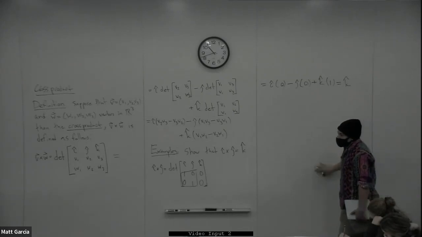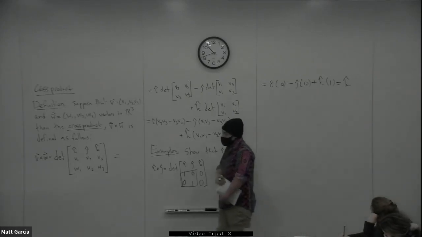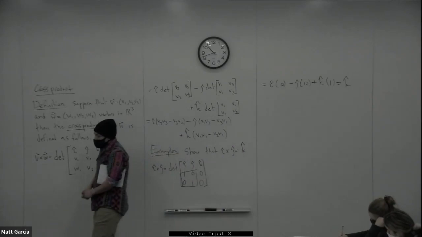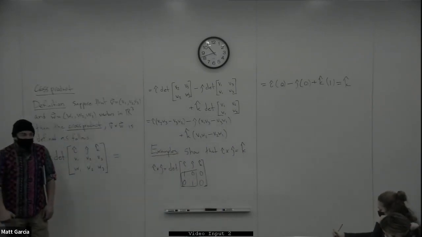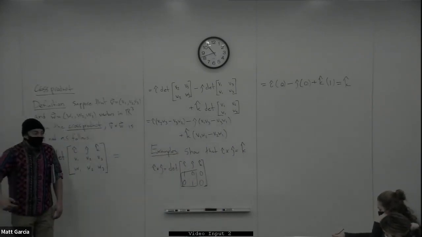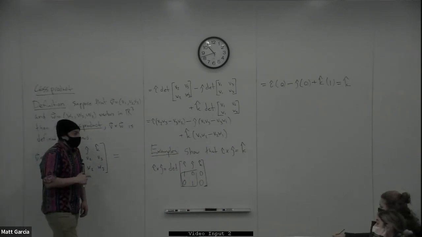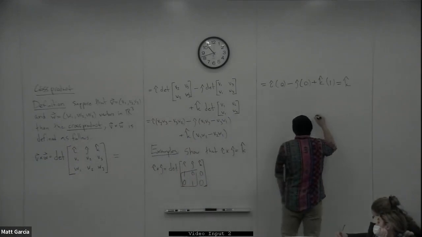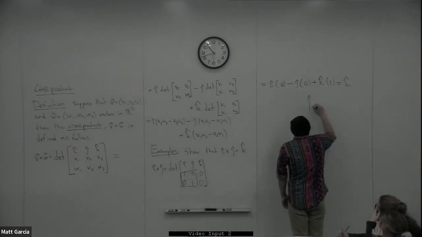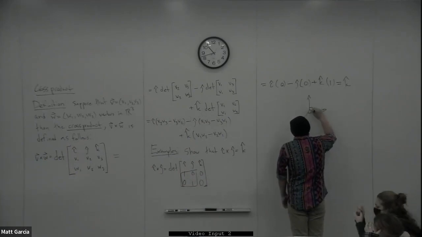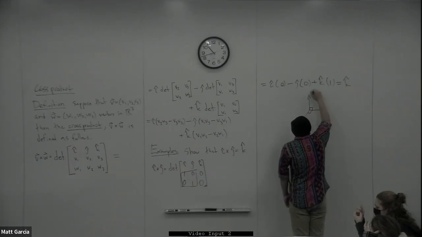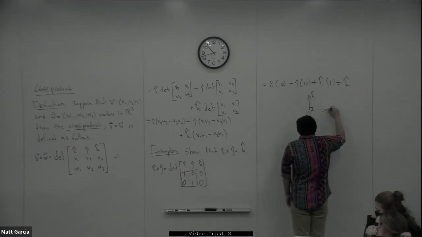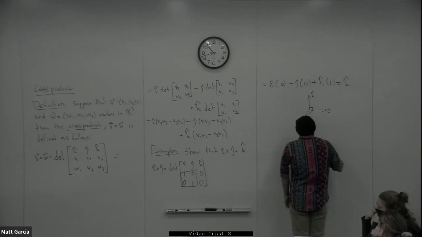Not so hard. Also, this gives some credence to what I was saying yesterday. When you take the cross product of two vectors in R3, you get a vector which is orthogonal to both of them. If i, j, and k are the standard basis vectors, they look like this. Here's k hat, i hat, j hat.